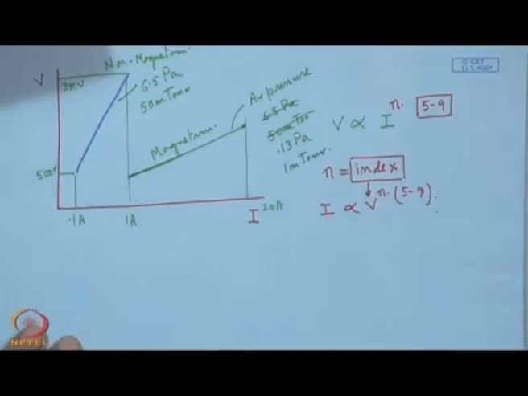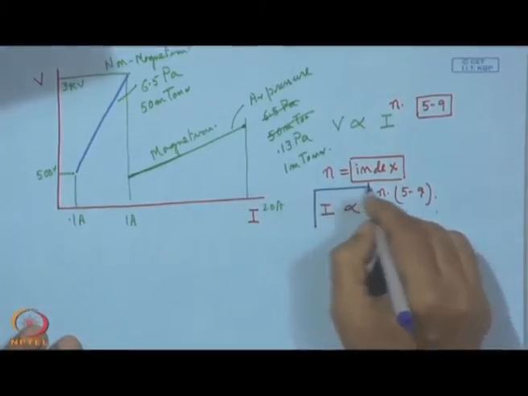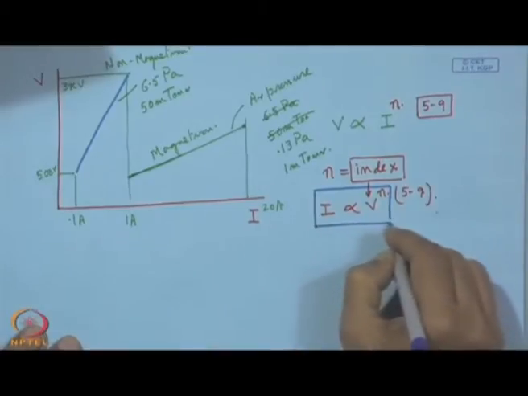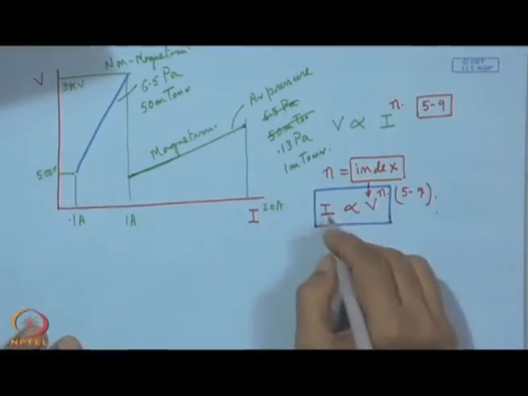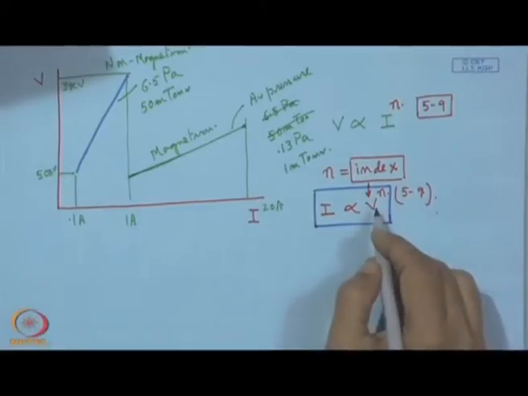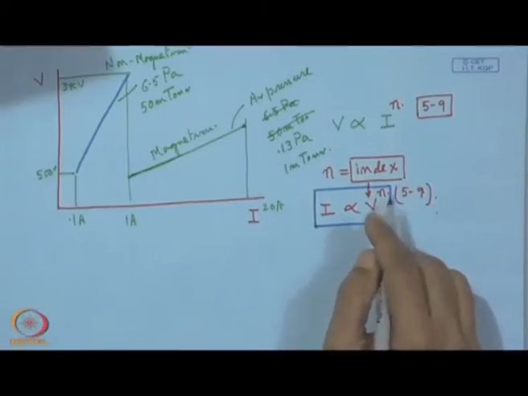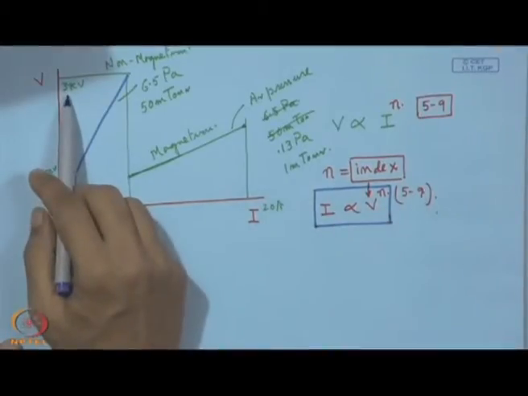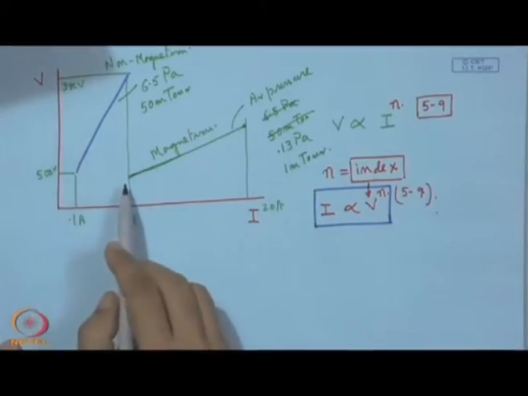From this relationship, what we understand is that to get a level of cathode current, we need a certain impressed voltage. Now, what should its value be, whether in the kilo range, a few thousand, or in the few hundreds range?